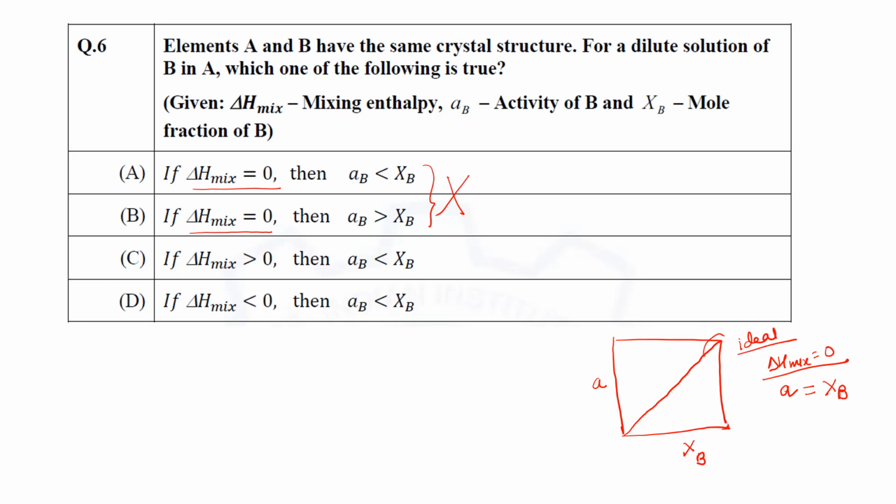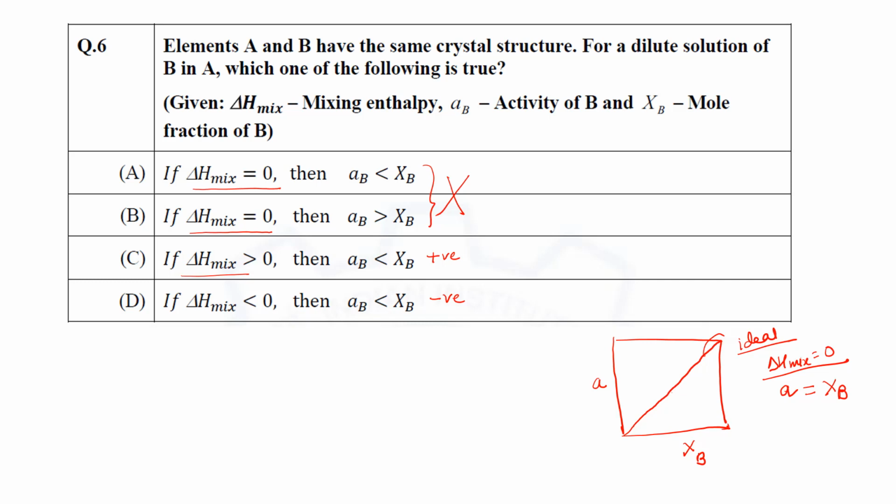Now see, when it says delta H mix greater than 0, that means it is a positive deviation from Raoult's law. And delta H mix less than 0 is to be noted as negative deviation.